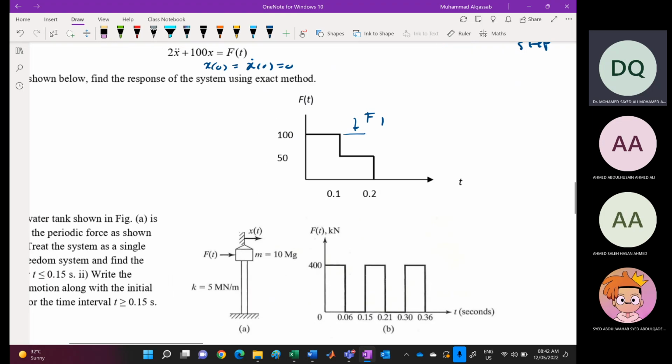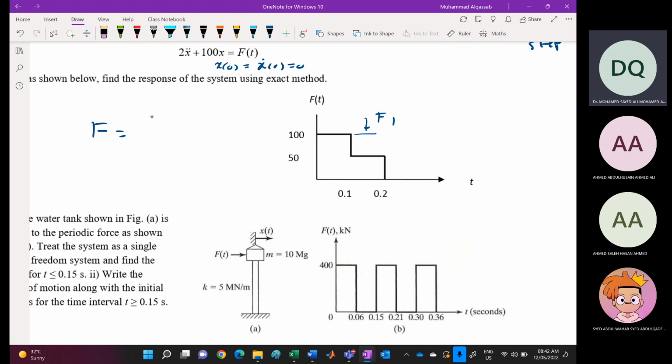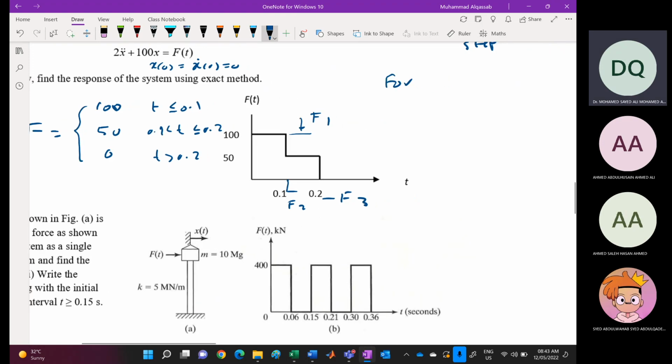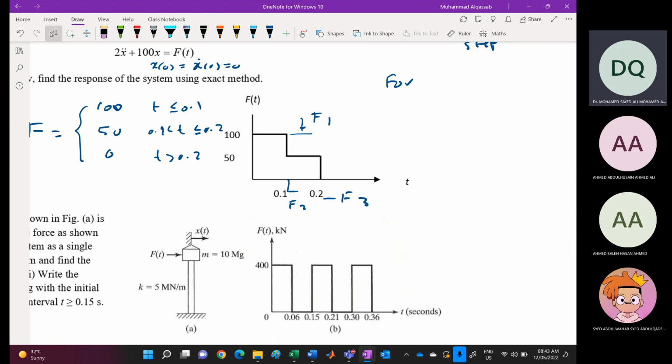Let me first of all write f of t as piecewise continuous, which is 100 for t less than or equal to 0.1, and it is 50 for t greater than 0.1 and less than or equal to 0.2, and then 0 for t greater than 0.2. So this is f1, then f2, and then f3, and you find them according to the interval.